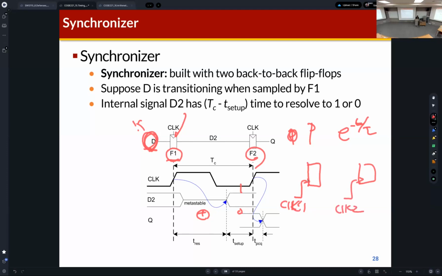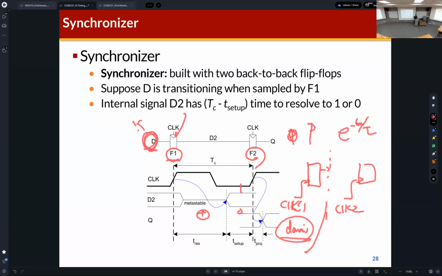And then in the system, this flip-flop can receive the output signal from this clock domain. If a certain system works with the same clock signal, then it is called a clock domain.